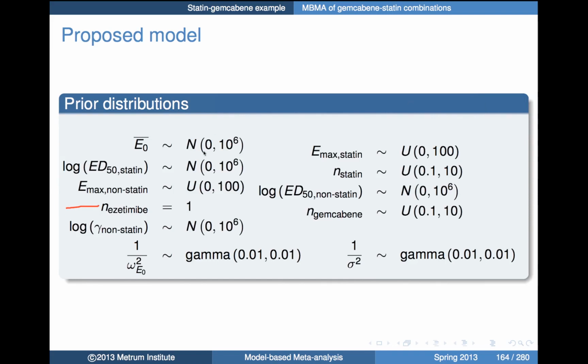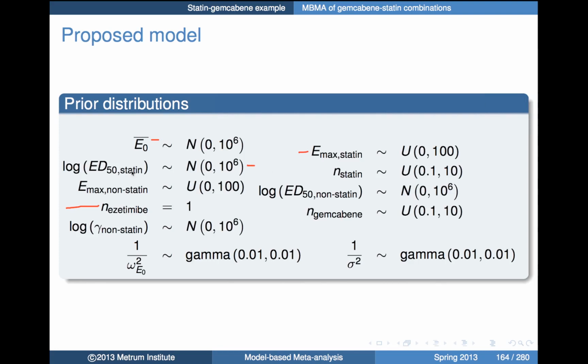I don't know if I want to tell too much of a story on them. For a number of these things I tended to use fairly flat ones, essentially normals with very large variances, so that they ended up being quite flat over any region of interest. You see that for our E0 term, and log of ED50 statin.